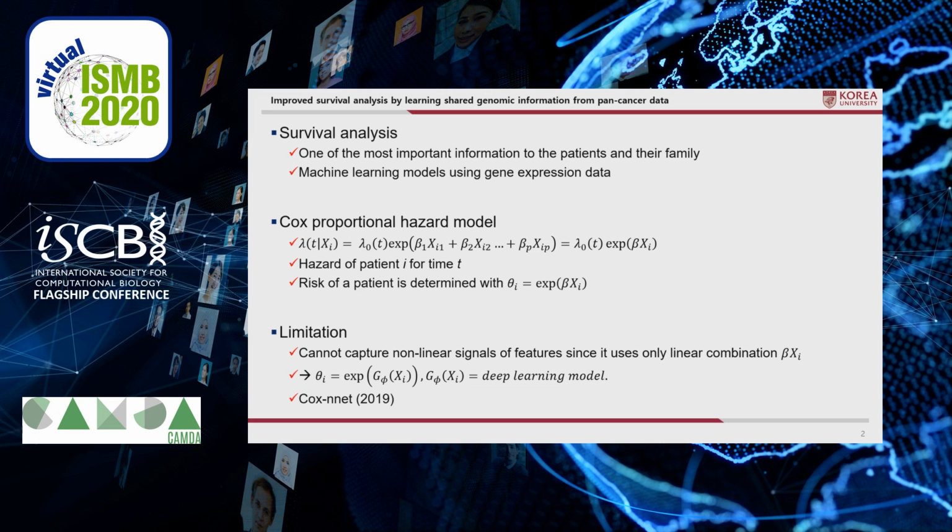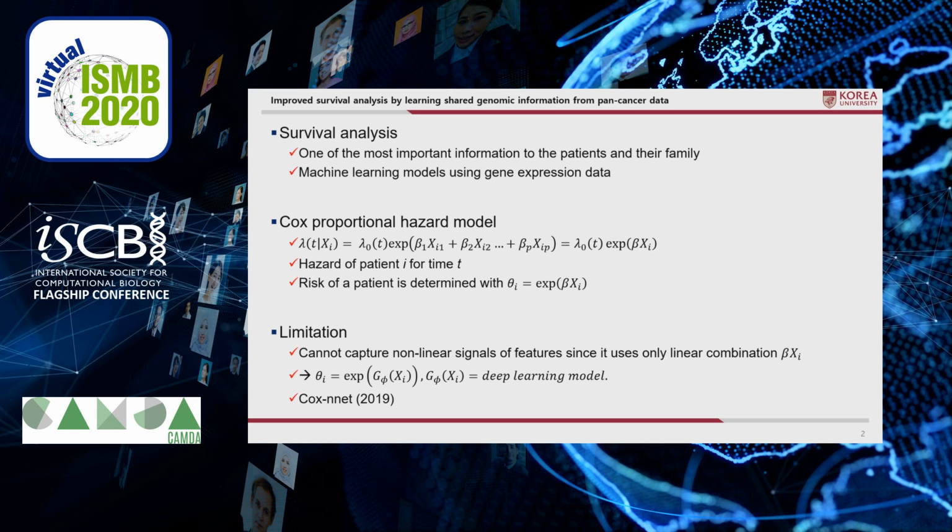Recently, with the explosion of genomics data of cancer patients from several consortiums, including TCGA and ICGC, many researchers have applied machine learning techniques to predict the survival of cancer patients using gene expression data. One of the most famous survival models is the Cox proportional hazard model, which was introduced in the 1970s.